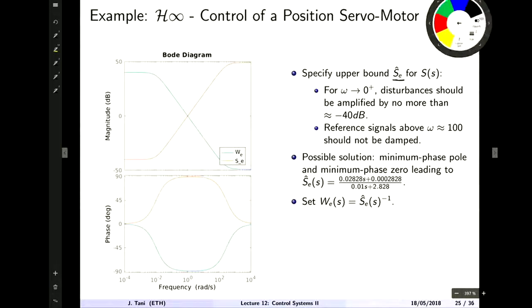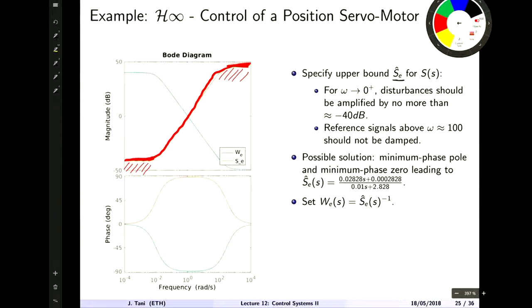We say, well, we have an upper bound at lower frequencies. We have a bound here. So we just design a transfer function that incorporates these bounds. So we want the sensitivity to be here in that area and to be below that here, right?